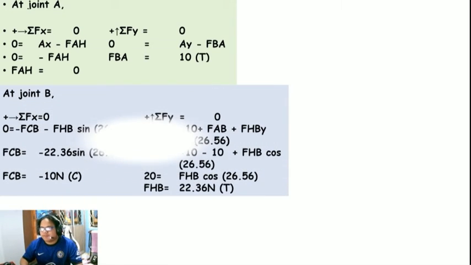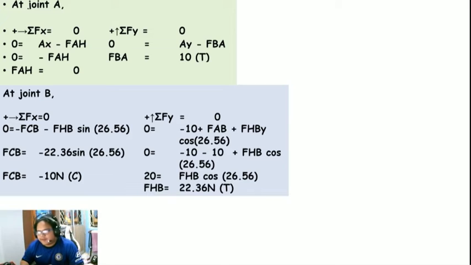Next, at joint B, using Fx and Fy again, I get FCB and FHB. FCB equals negative 10 Newton and FHB is 22.36 Newton. As you can see, FCB has a negative value. I put a negative value because our assumption of the direction of FCB was the wrong way.